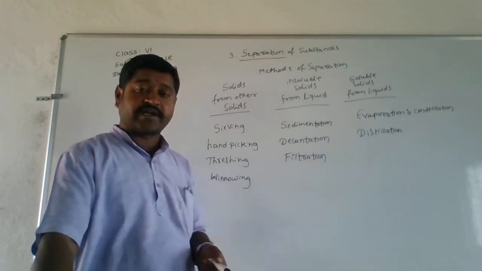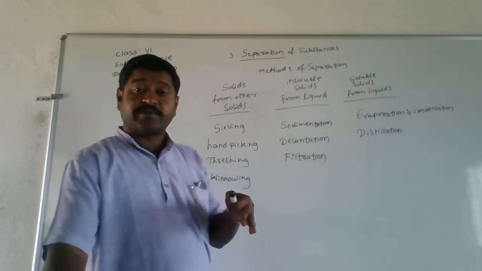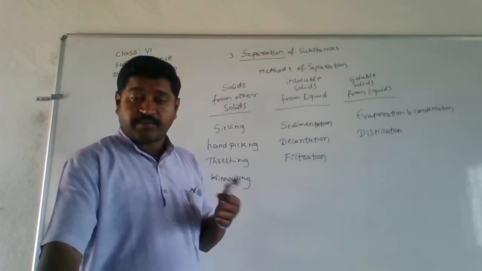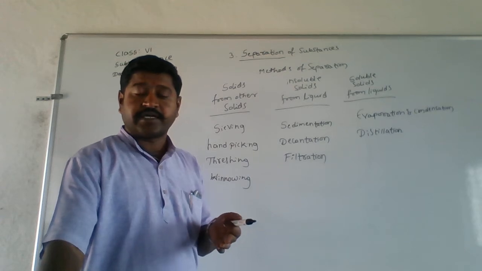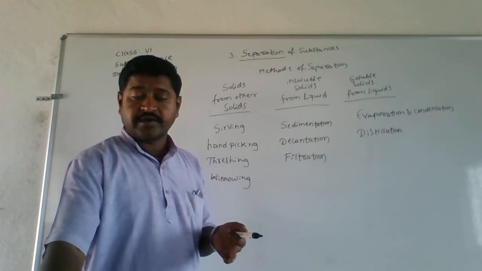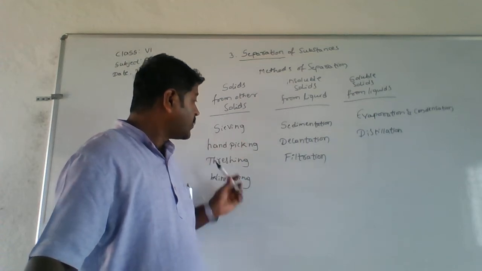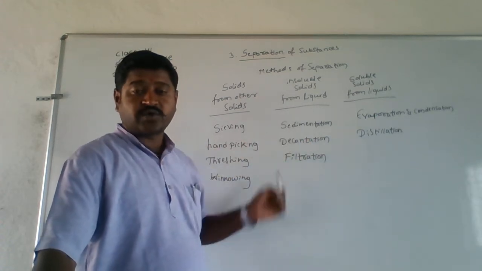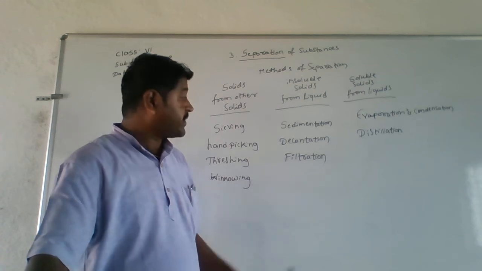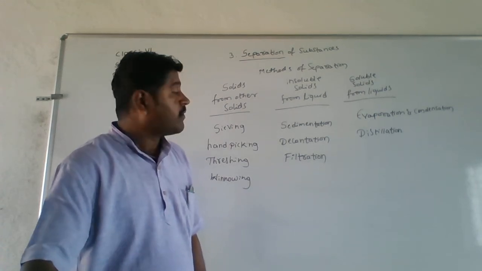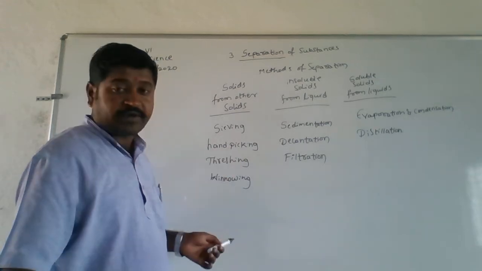So on these three factors, whichever method we have to adopt depends. Depending upon that, we have to identify which method is going to suit for separation. So now we will be studying one by one.